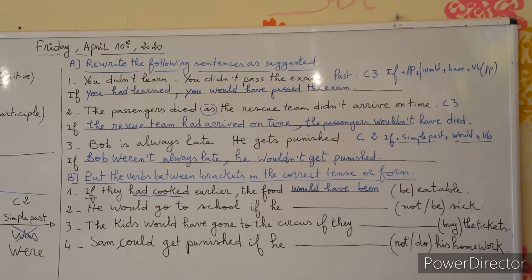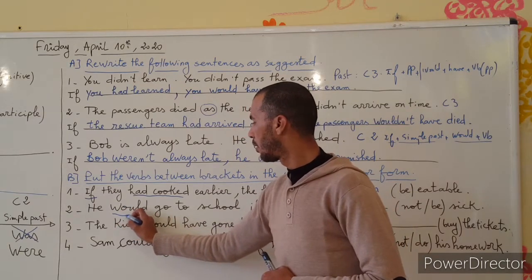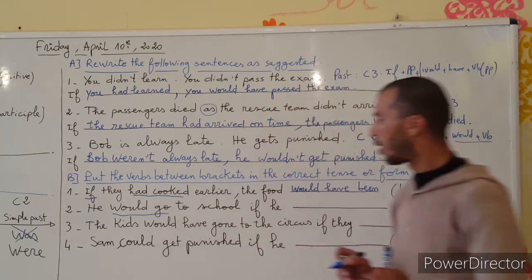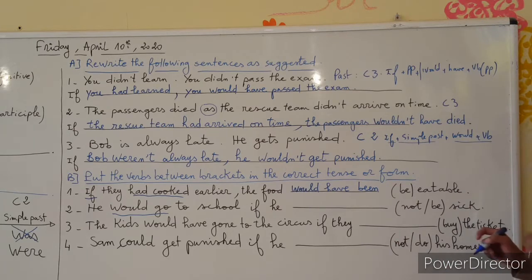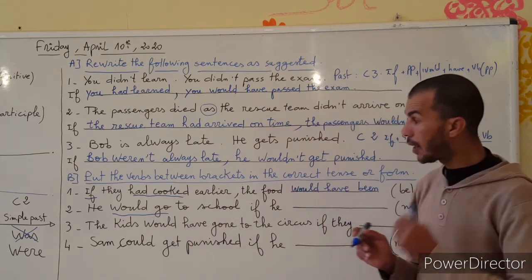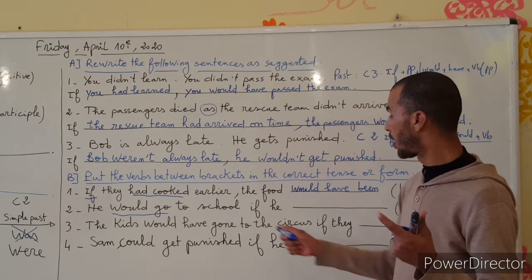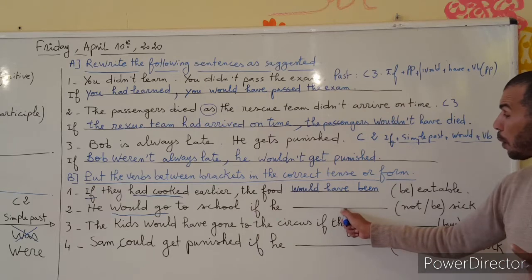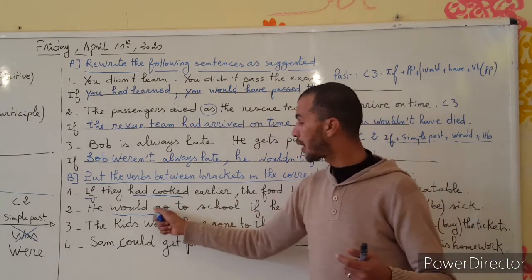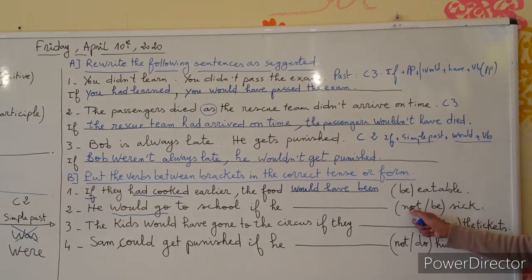Here we go. Number 2. He would go to school if. When do we have would plus verb bare infinitive? It's in conditional 2. So generally speaking, what is conditional 2? It's if plus simple past plus would plus verb. So simple past here of the verb be in negative form, because we have not.